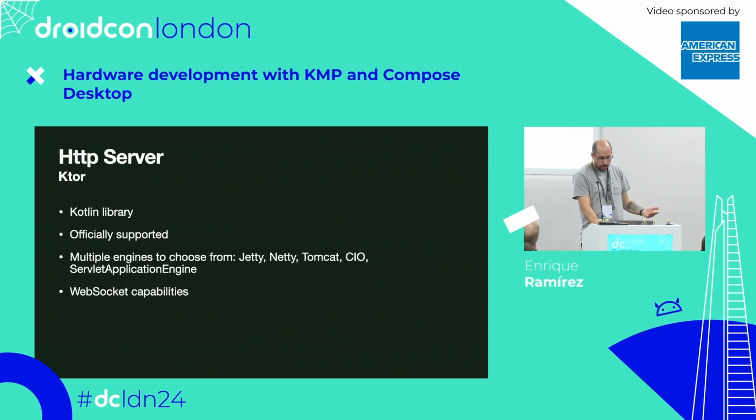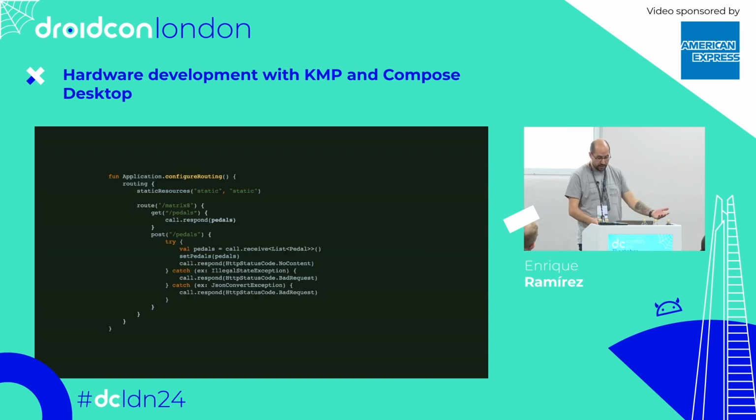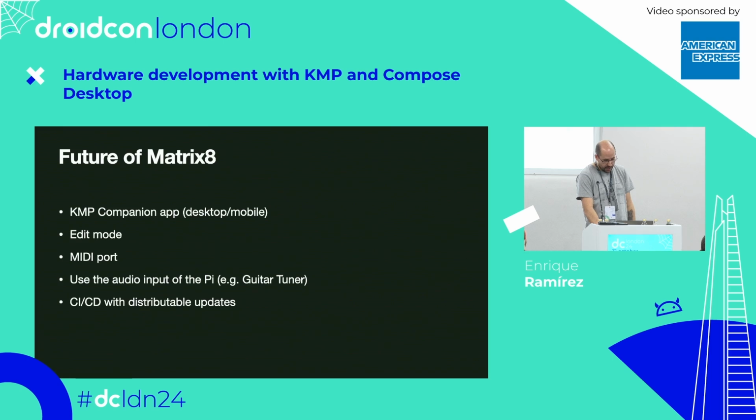So we could have a very simple HTTP server that can run that without a problem. And we have things like Kato, and it's very easy to create just an endpoint with what you want. Maybe you want to see the list of pedals, or have one for getting them and one for posting them, with however rich you want your metadata to be.